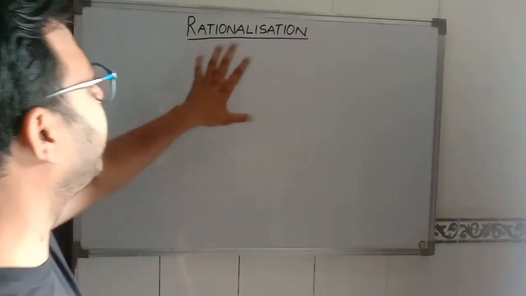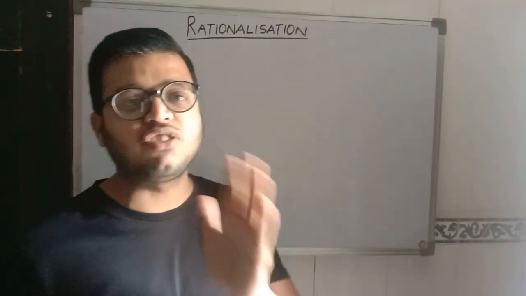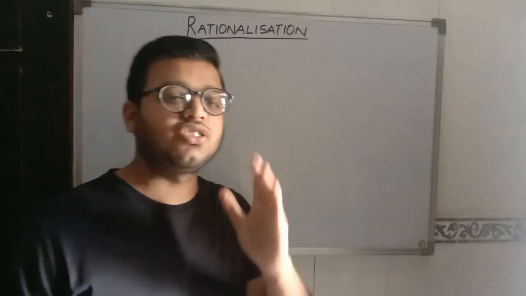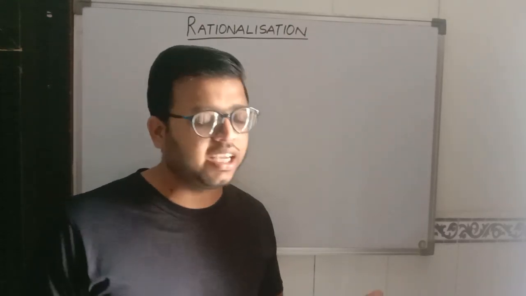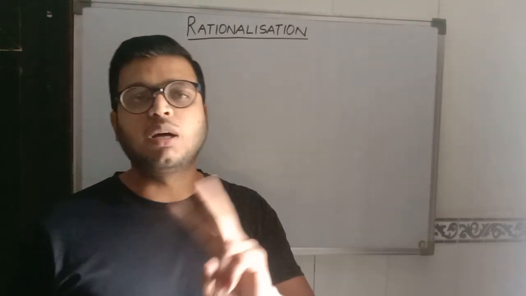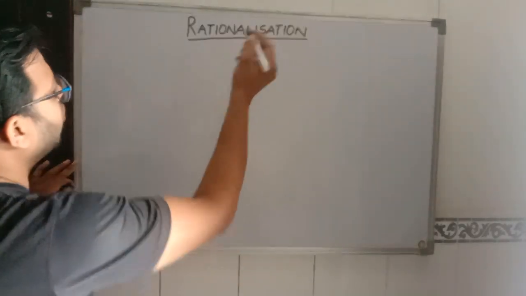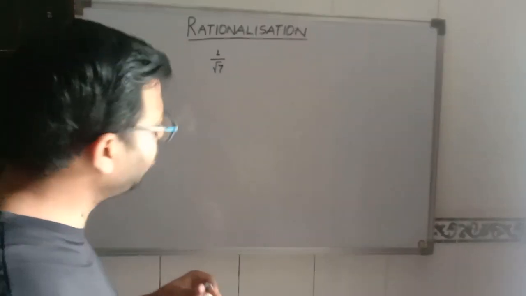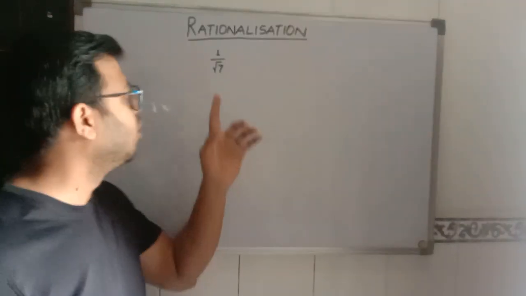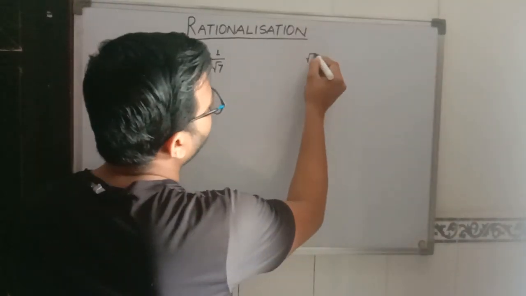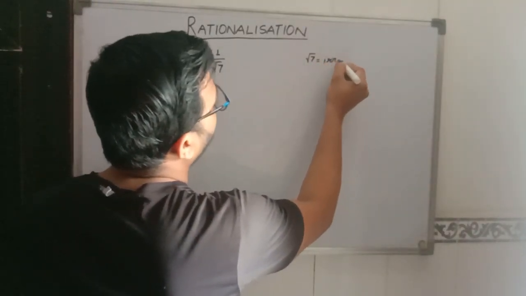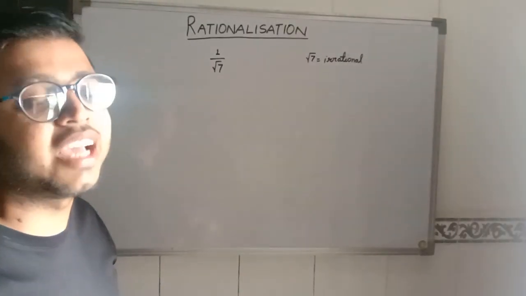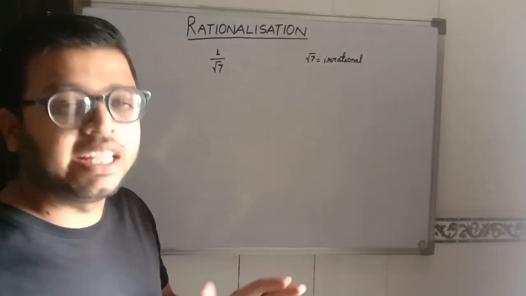First of all, I'm going to explain what the meaning of rationalization is. Basically, rationalization of the denominator, or only rationalization, both mean the same. What happens if the number is written as 1 upon root 7? You can say that 1 upon root 7, only root 7, is called an irrational number. You know very well, all the prime numbers written in the square root sign or cube root sign are called irrational numbers.